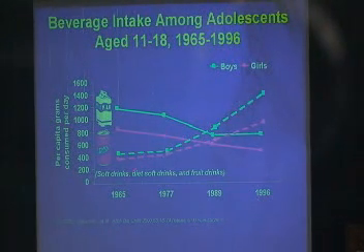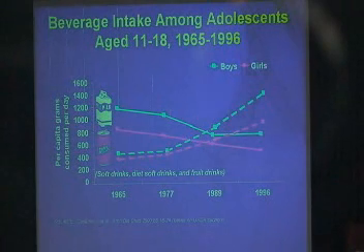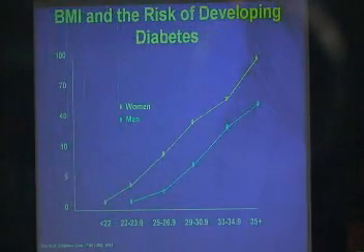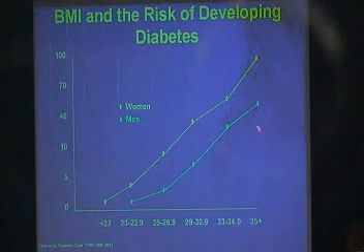Milk went down, among boys and girls, and soft drinks increased, and boys are leading the way. Snack chips, also the same. The US is the leading country in using snack chips.